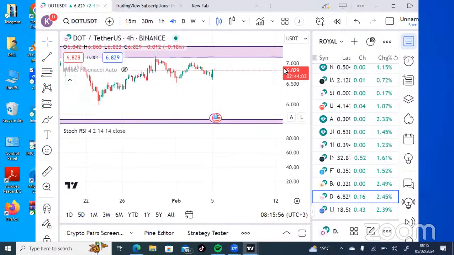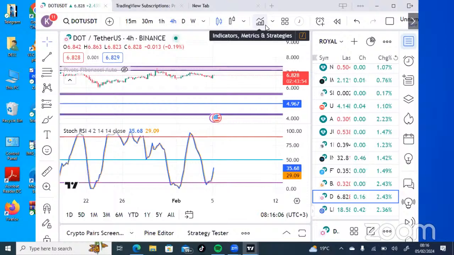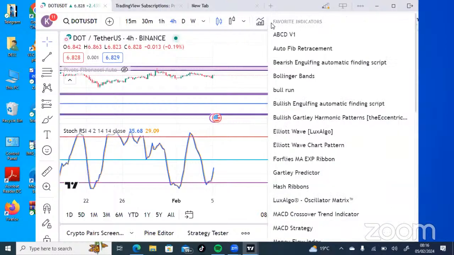Okay, a few other things. Never use one indicator to interpret market direction for you.